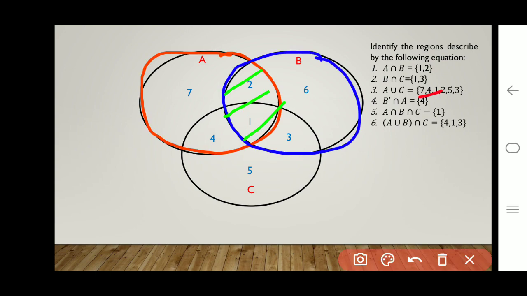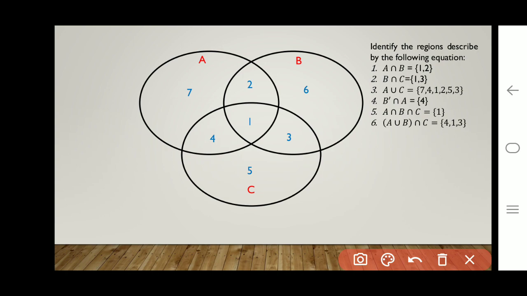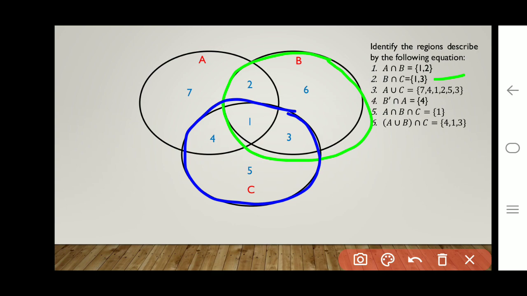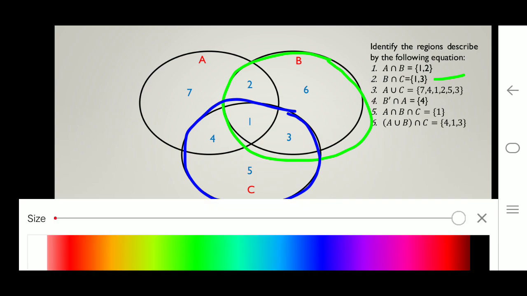And how about B and C naman? Sa B and C, intersection naman daw ni B and C. Ito si B. Asa naman si C? Ito siya. Therefore, asan yung intersection ng area nila? Ito naman, region 1 and 3.